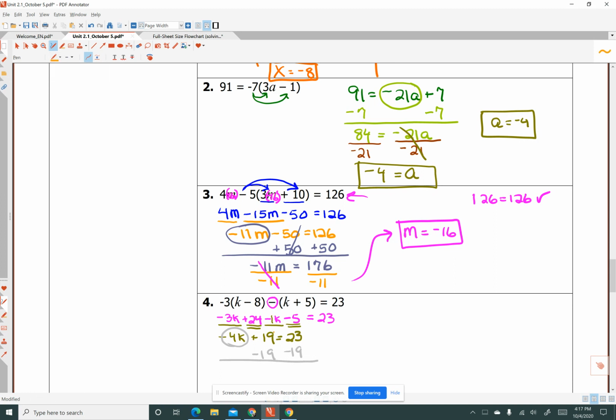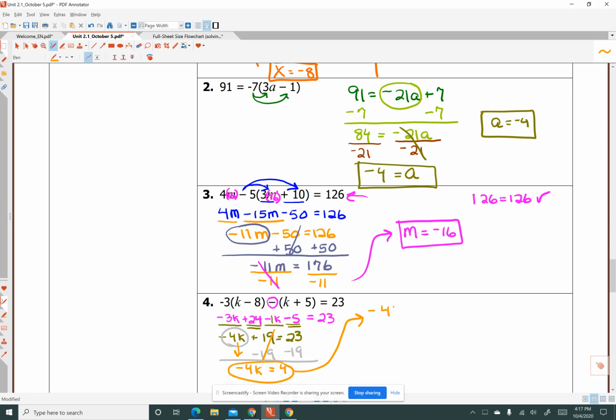So positive 19 minus 19 equals 0. I'm going to bring down my negative 4k equals 23 minus 19 is 4. I'm going to move this over here because I want to talk about what I've got here for a minute.